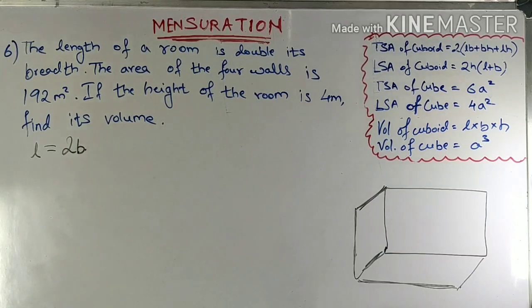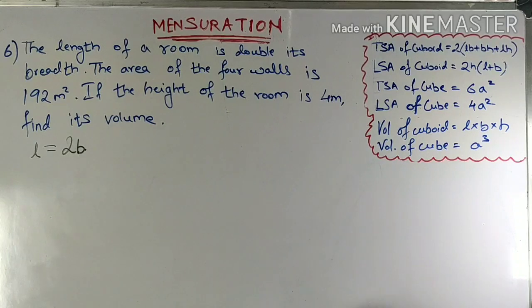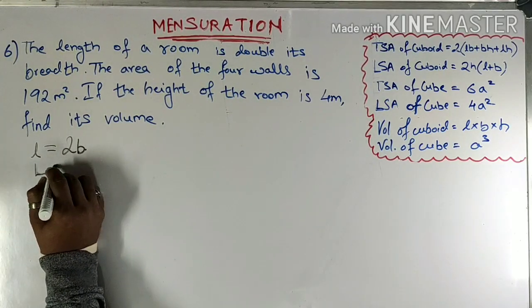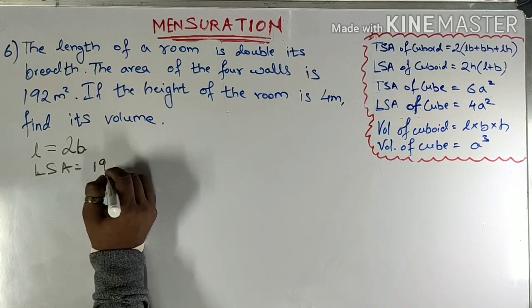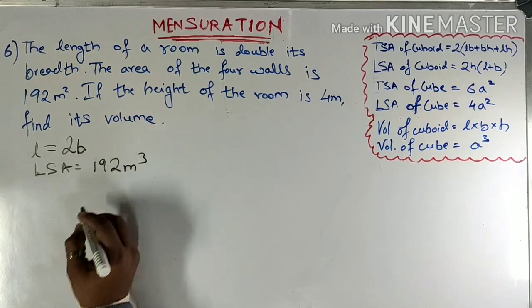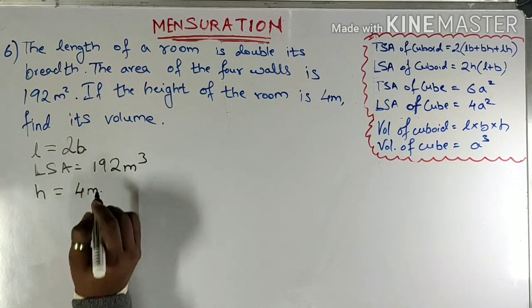So the sum looks complicated, but then, as I have told before also, you just need to be positive. As every problem has a solution, you need to think logically, analyze the situation and apply your mathematical knowledge. So length is equal to twice its breadth. The lateral surface area is given as 192 meter square, and height is given as 4 meters.